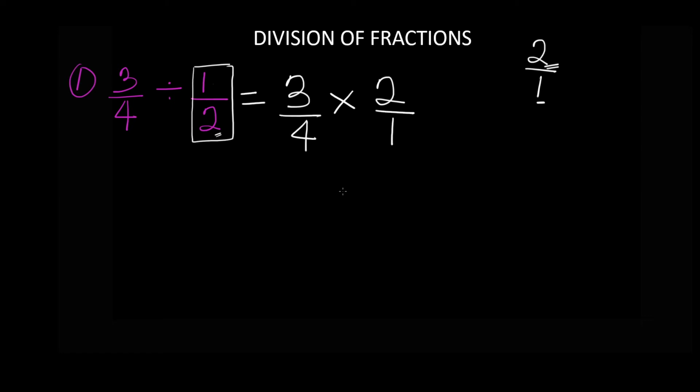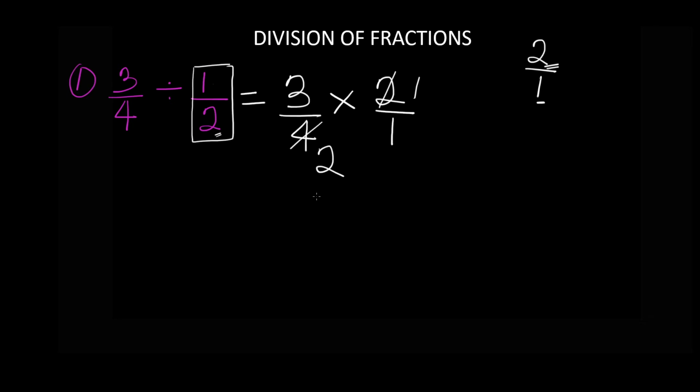You can use the cancellation method depending on how easy it's going to be for you to simplify. So let's take a look at this. 2 can divide this 2, 2 can go in 4, that is 2.